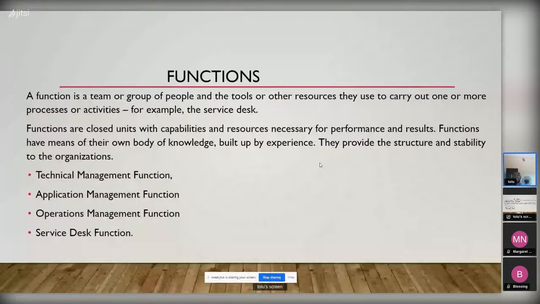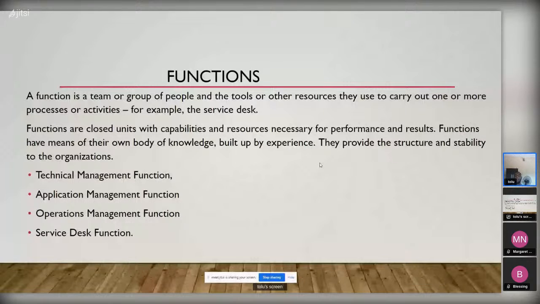So those human resources use the financial resources or the capacity and the capability of the organization to turn the defined inputs to defined output using the process, to deliver it to the customers, the consumers, while ensuring that the service level agreement is being met.